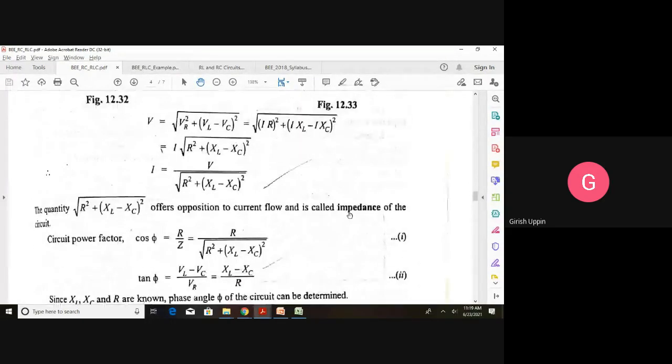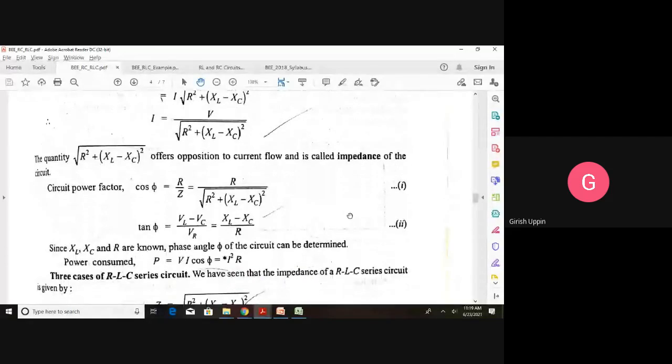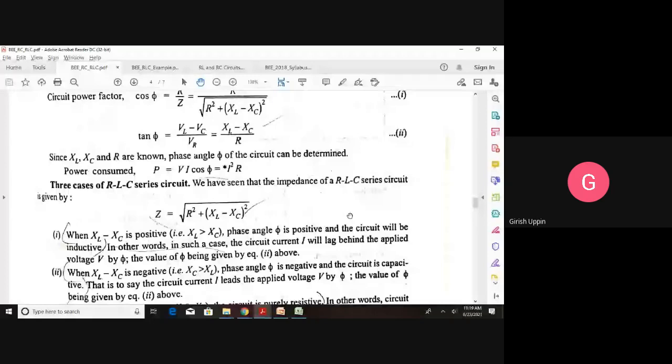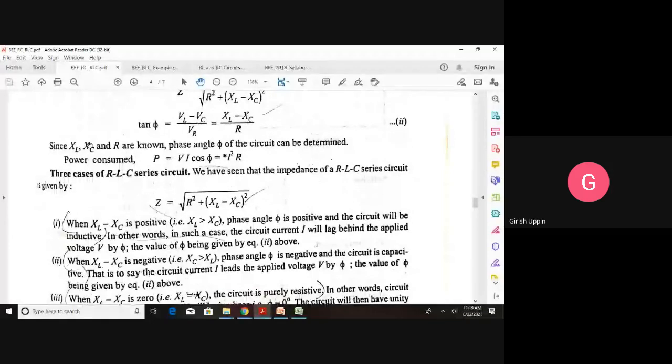Now, the interesting scenario here is, depending upon the value of XL and XC, there are a couple of scenarios we get. Since XL, XC, and R are known, the phase angle phi of the circuit can be determined, and power consumed we get as the same. Power consumed is equal to power consumed in the resistor plus the capacitor plus the inductor.